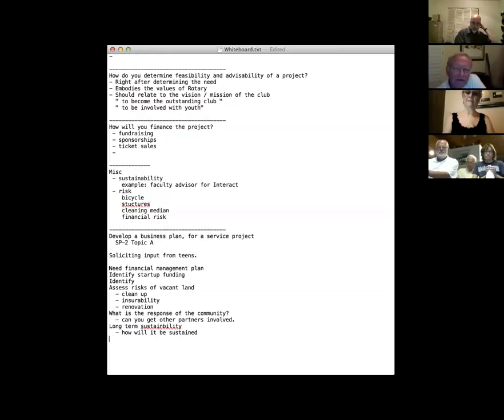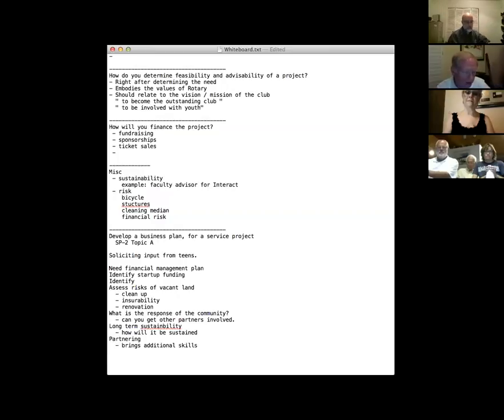What are the advantages of partnering? Do we all partner on our projects? Well, you can get a set of skills that you may not have in your club. That's right. As I look at this Project A, one of the things that pops into my mind is one of your partners might be somebody like Habitat for Humanity, who has a real skill in construction and could come and fix that building.